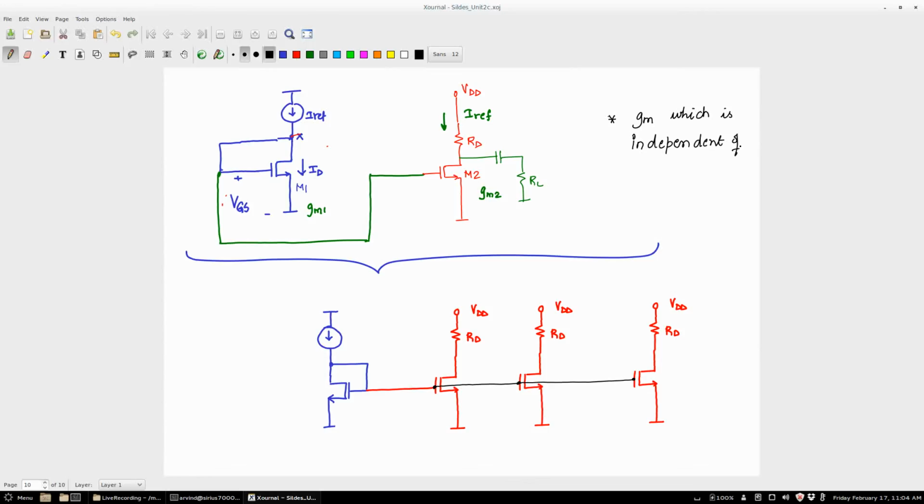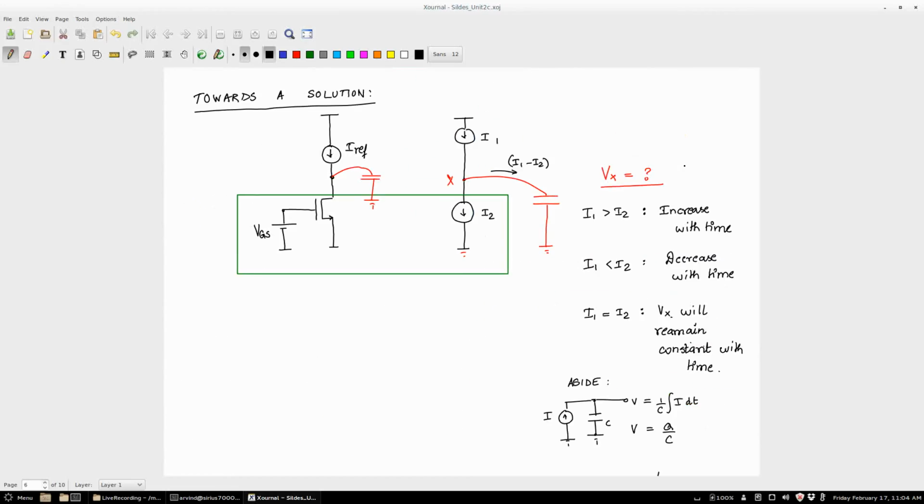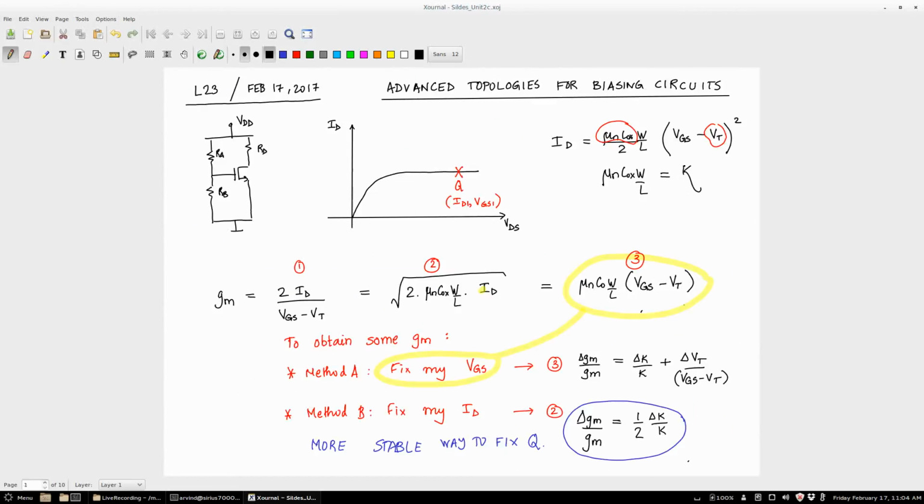So what have we achieved with all of this? You have got a GM which is independent of what? Independent of VT.